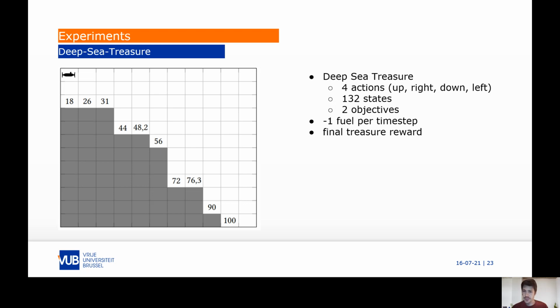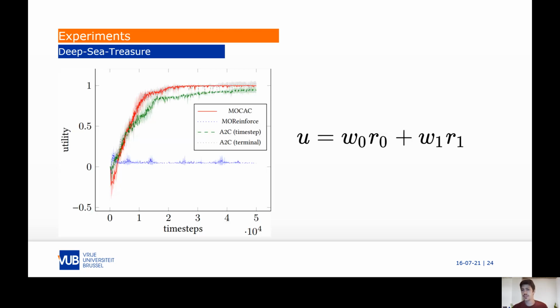We did the first experiment with a linear utility function, a weighted sum. Basically, you say, well, it's 0.1 times R0 plus 0.9 times R1. You have a linear utility function, which means you can apply this function at every time step on the individual rewards, so you can use a single objective algorithm.